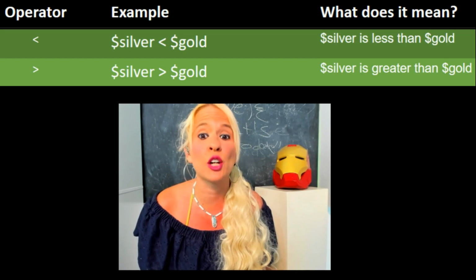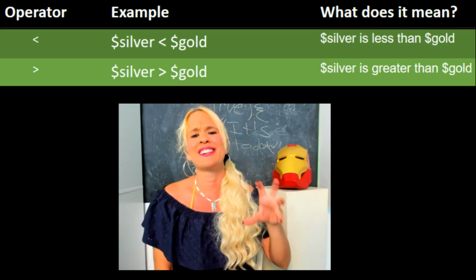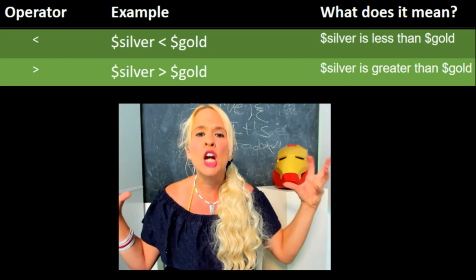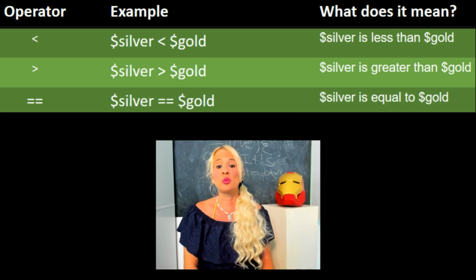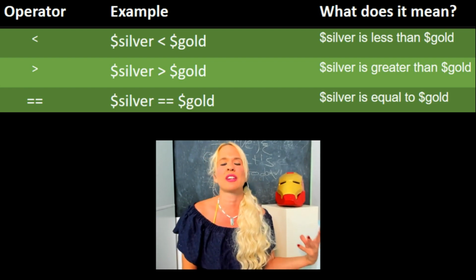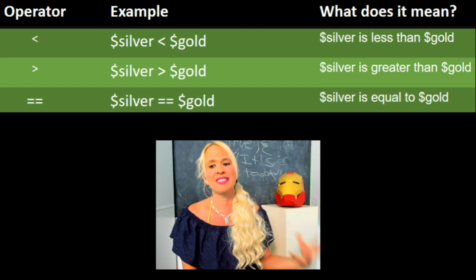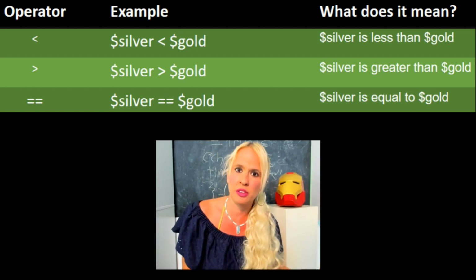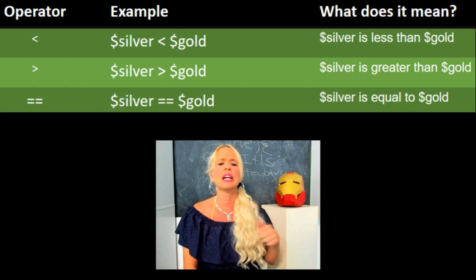$silver is greater than $gold, and we're saying the value that's stored in $silver is bigger than the value stored in $gold. Next, we have equals equals. $silver is equal to $gold. We're saying that it's the same value. So maybe they both equal 3.